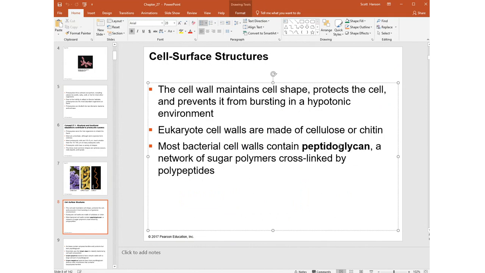So glycan means the sugar polymer, the carbohydrate polymer part of it, cross-linked by polypeptides. So the peptido part refers to the polypeptides that are part of the molecule. And polypeptides are chains of amino acids, and if they're long enough, they could actually be proteins.